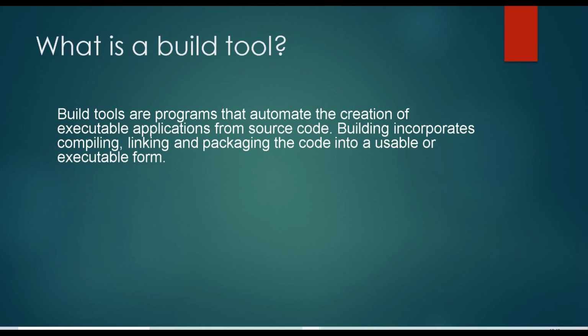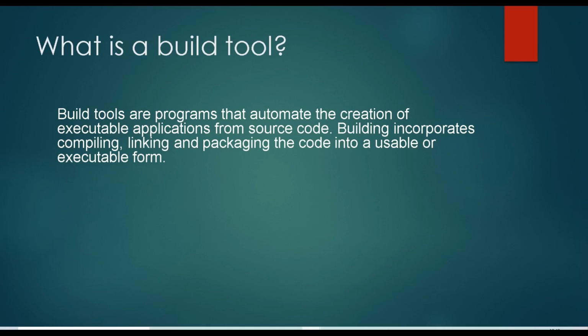Building incorporates compiling the code that we are writing, then linking with different applications or different jar files, and packaging the entire code into a usable or executable form. After this build we will get a package which can execute without the dependency of any IDE.